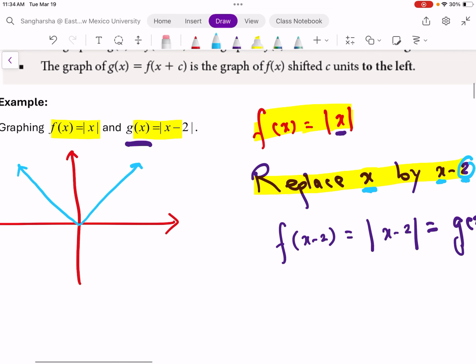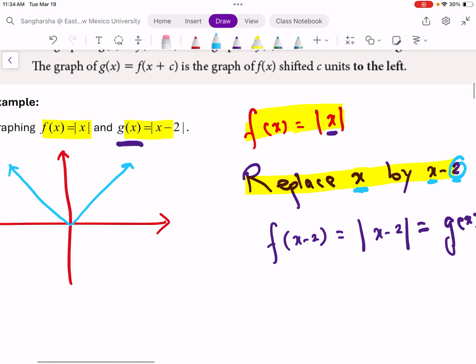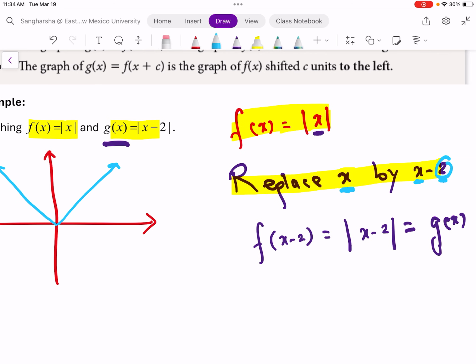Now we shift this same graph horizontally right by 2 units. So this is 1, this is 2. So we shift the graph on the right by 2 units. And this is the graph for our g of x function.